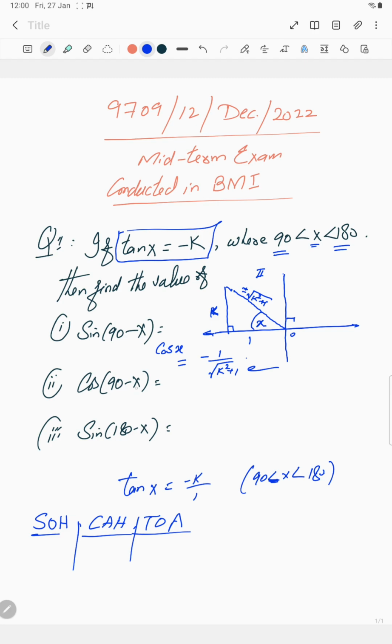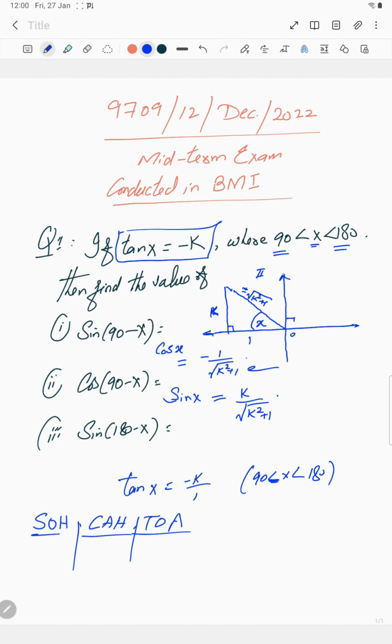Part 2 was cos(90 minus x), and because of the acute angle complement, it will be sine x, and sine is positive in the second quadrant, so we can say it will be opposite, that was k, over hypotenuse, the square root of k square plus 1.